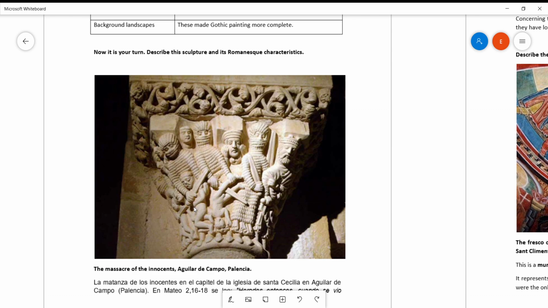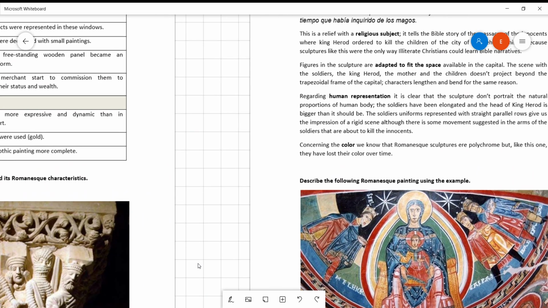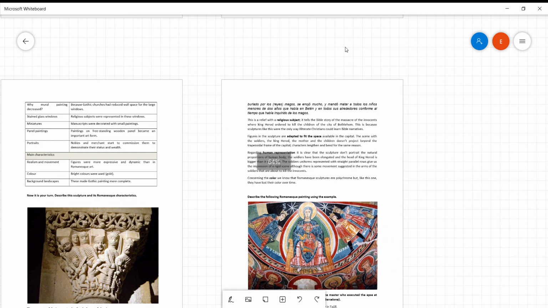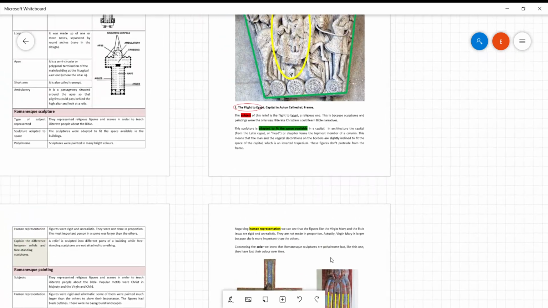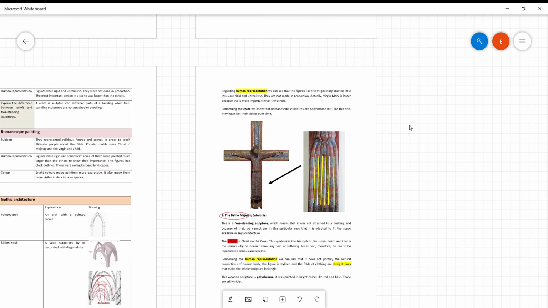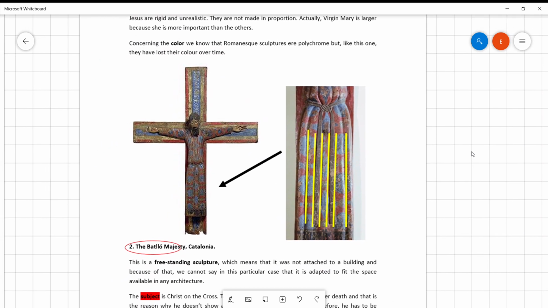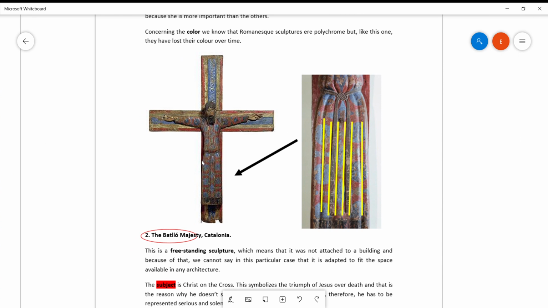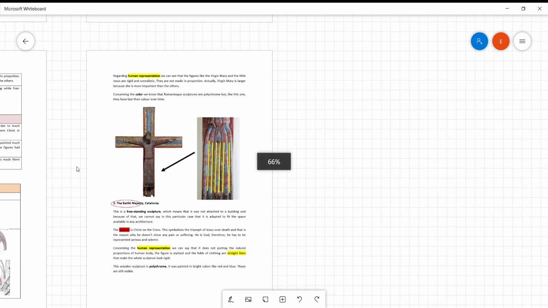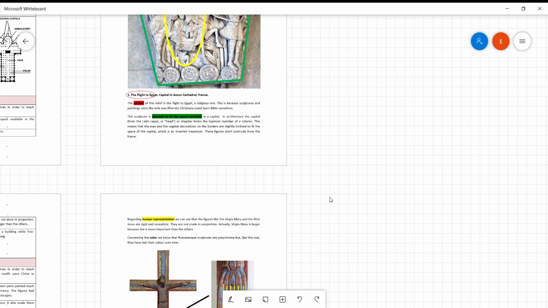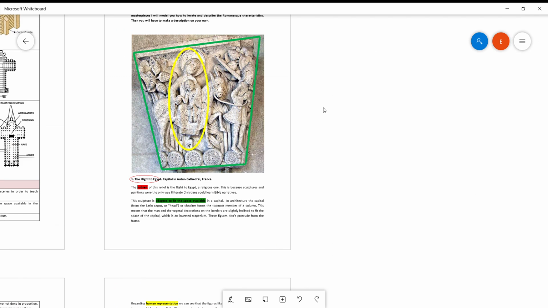Okay, we have the example of the Batlló Majesty, this Christ on the cross still with color. After 900 years, it still has color. So you cannot say, please, that they have never been painted.